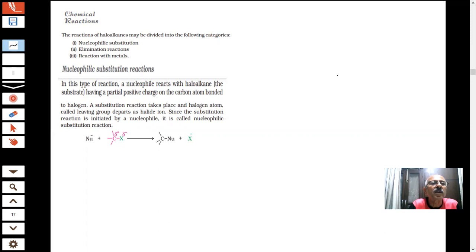Look, we are having haloalkanes. How do we write haloalkanes? You are having RX. This is my haloalkane. This is how we write. Or you can say if I have something like CH3CH2Br, supposing.